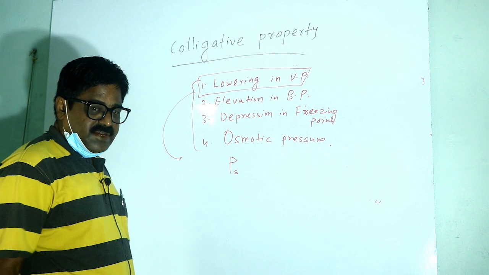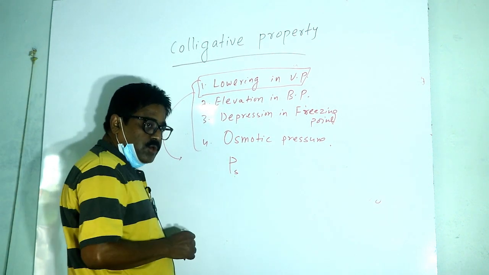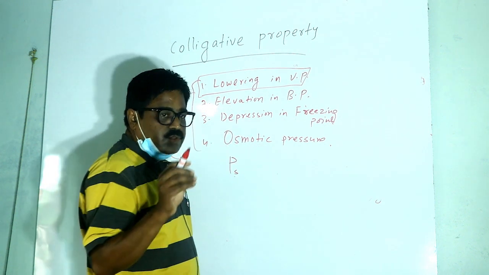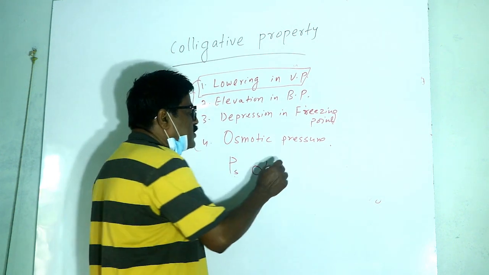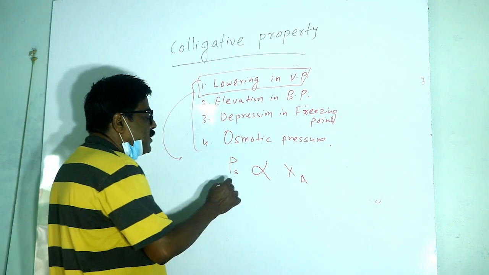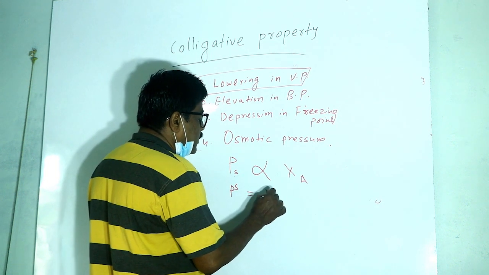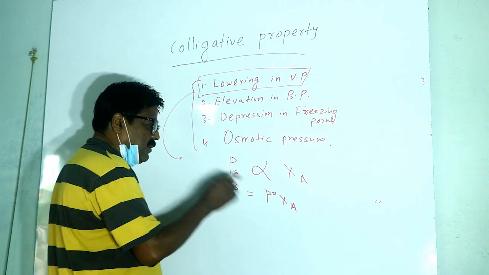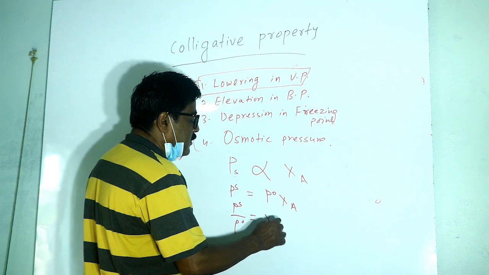According to Raoult's law, which we have discussed earlier, the vapor pressure of the solution containing non-volatile solute is directly proportional to the mole fraction of the solvent. And from that we have already derived that PS is equal to P0 XA, where P0 means the vapor pressure of the pure solvent. PS by P0 is equal to XA.